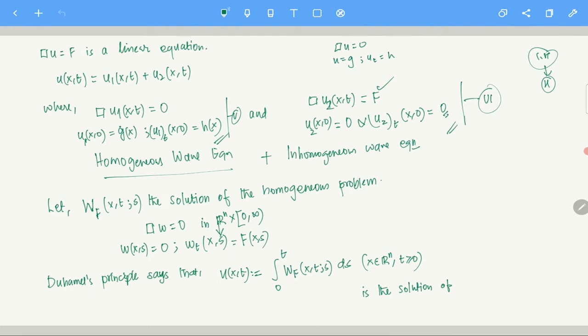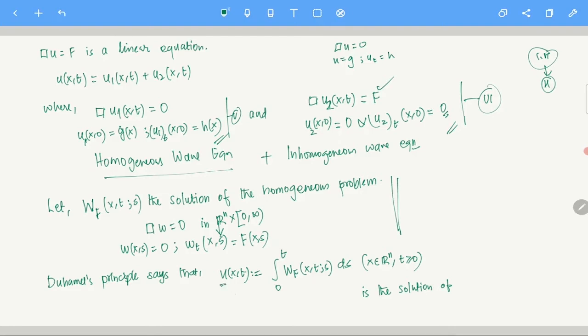So see, I know how to solve problem 5, at least for n equals 1, 2, 3, and problem 6 is the huge problem for us. To deal with that, we say we know the solution of this homogeneous problem. What does Duhamel's principle say?